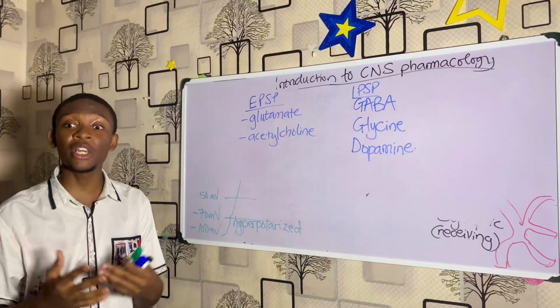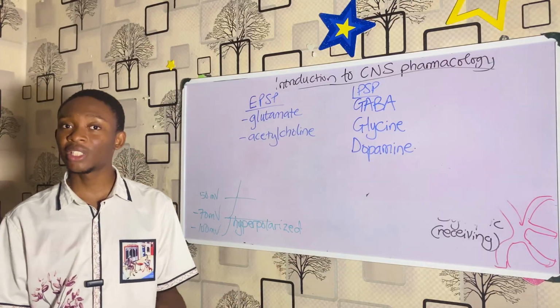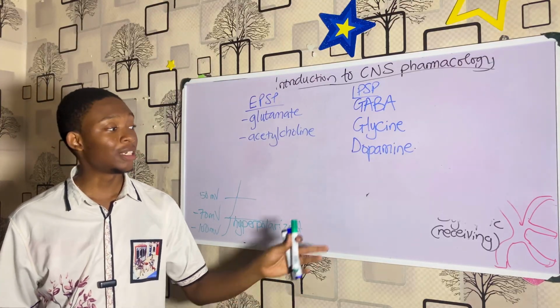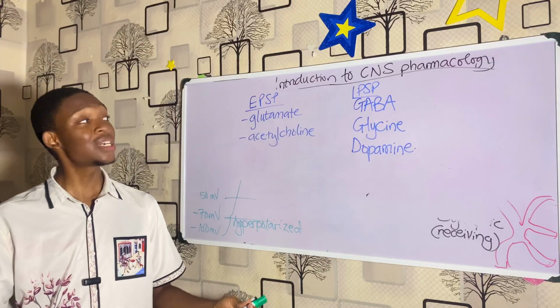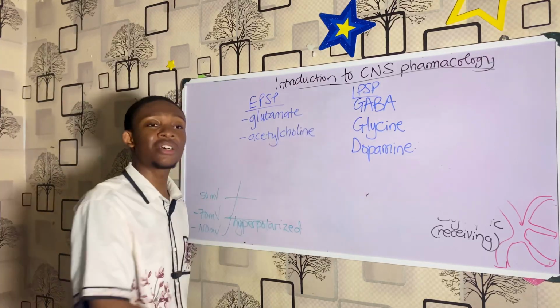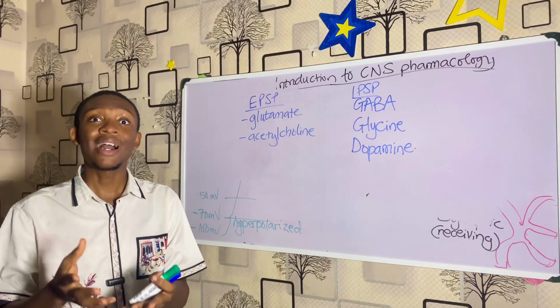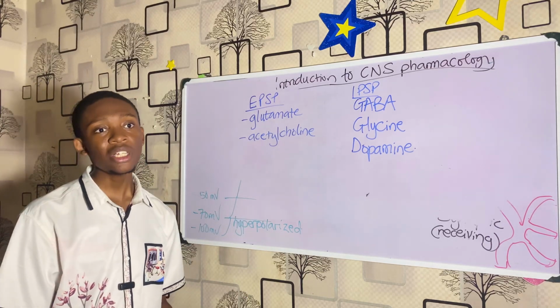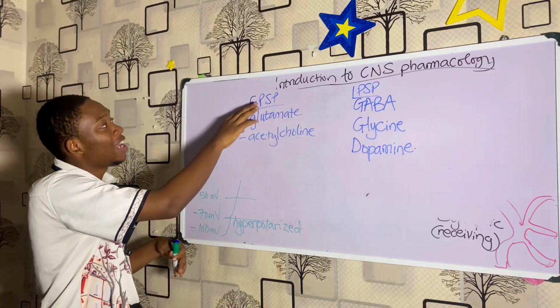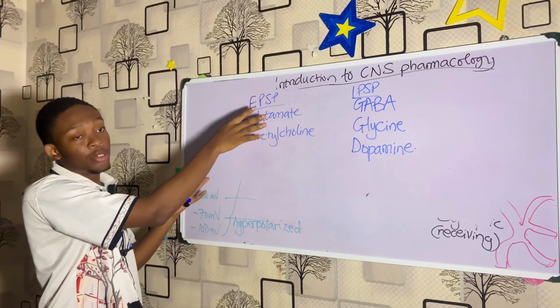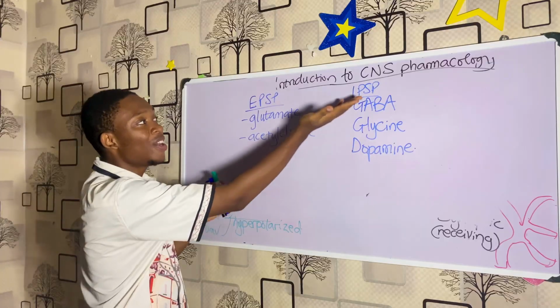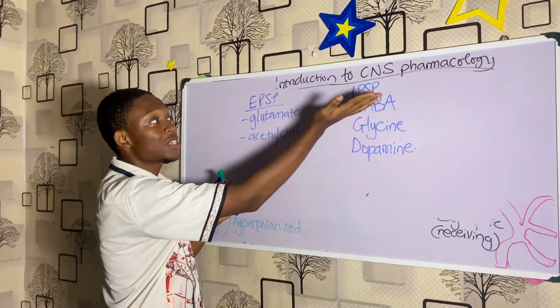In some cases, they will be equal, and so at the end, there will be no potential at all in the postsynaptic neuron. In some cases, the inhibitory postsynaptic potentials are far higher, so the overall effect in the postsynaptic neuron will become hyperpolarization. In some cases, there will be a lot of excitatory postsynaptic potential, and maybe a very high inhibitory postsynaptic potential.